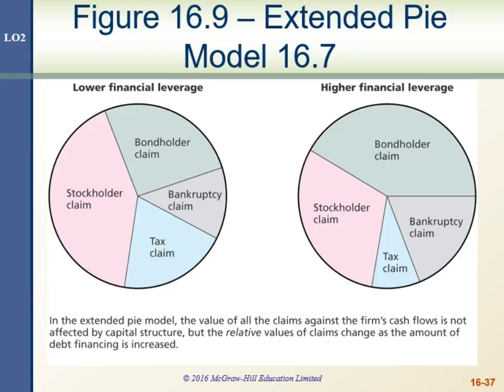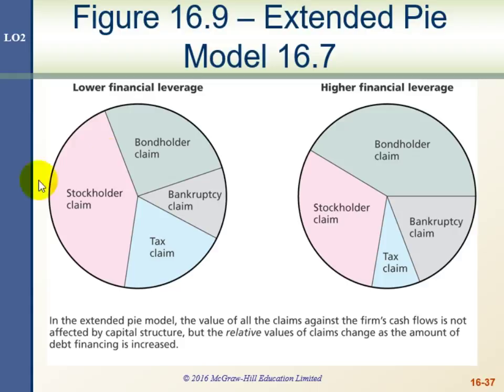And so if we take that idea that all we're doing is dividing the value of the firm among the interested investing parties, we can extend that with regard to the M&M propositions, and we can see that once again the value of the firm is essentially just a pie that we cut into pieces to determine who owns what, and we can change the amount of debt in the capital structure.